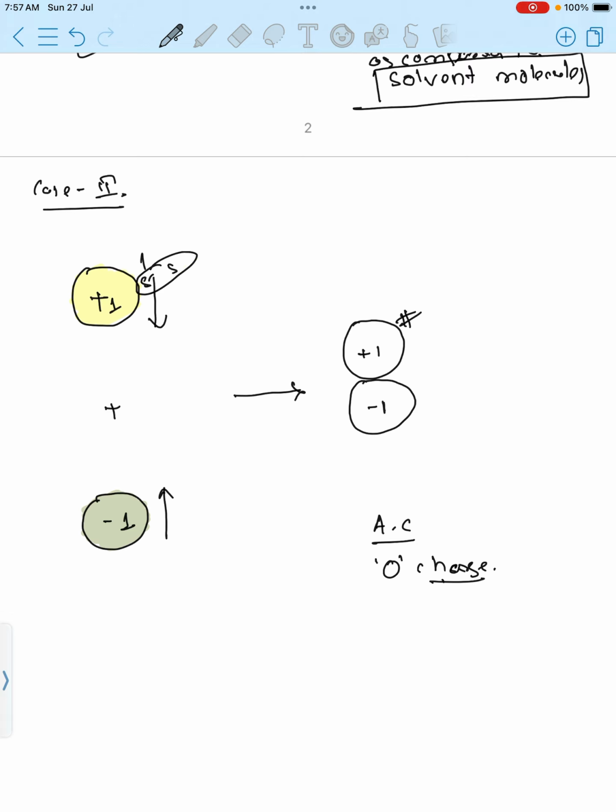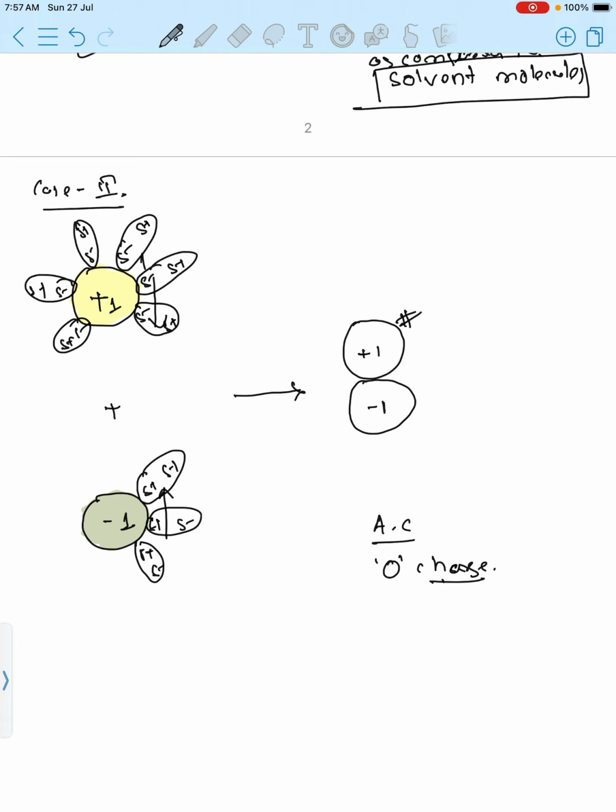So if I draw something like this, let us say this is associated with 6 solvent molecules, and this is also associated, as the unit is the same, with the same number of solvent molecules, but here the positive dipole will be directed.